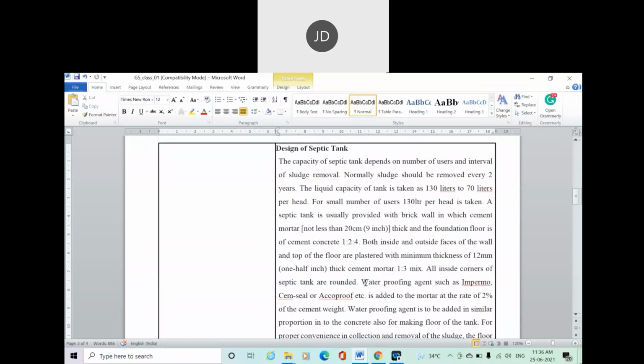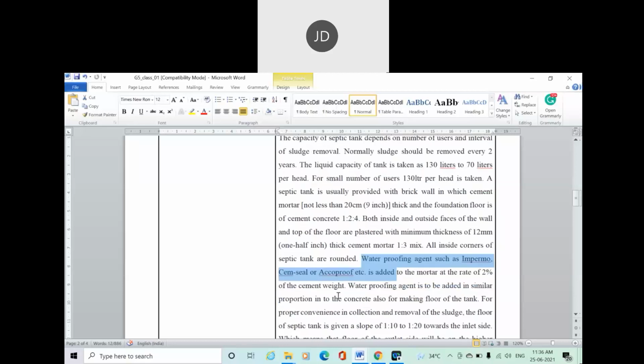Waterproofing agents like Impermo, Chemseal or Acroproof can be added to the mortar at a rate of 2% of the cement weight. So you can use different cement waterproofing agents, chemicals like this. How it looks, I will show you.